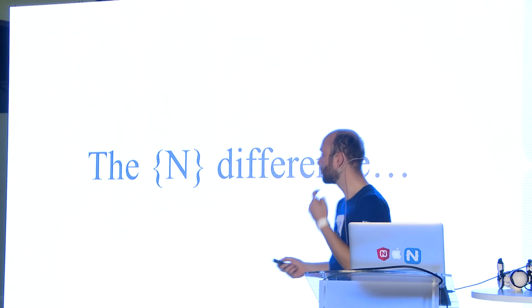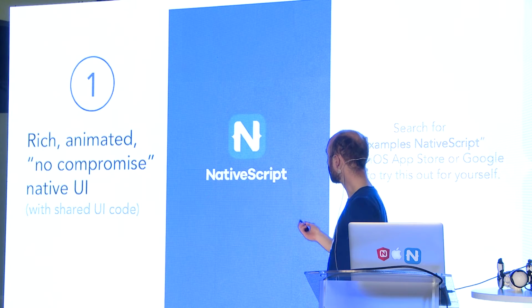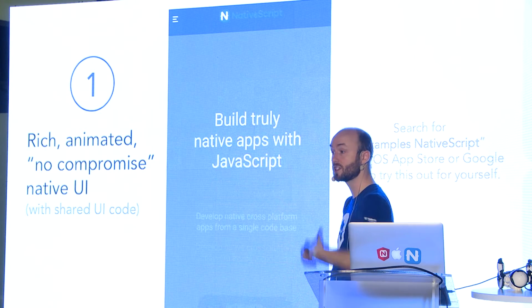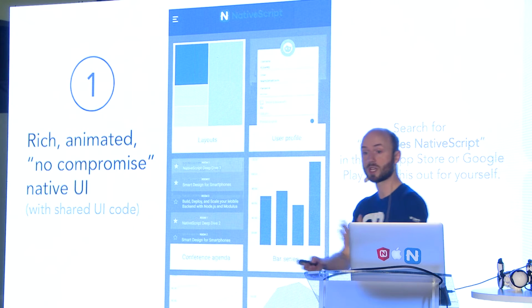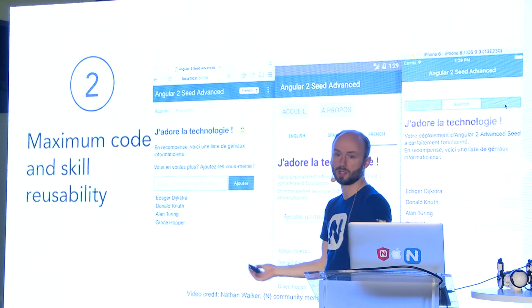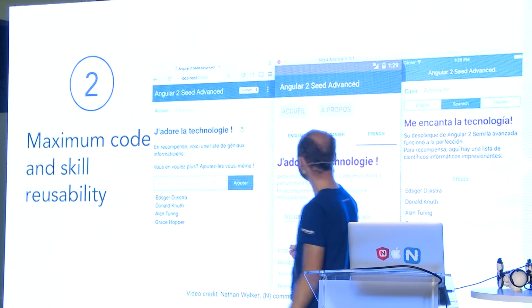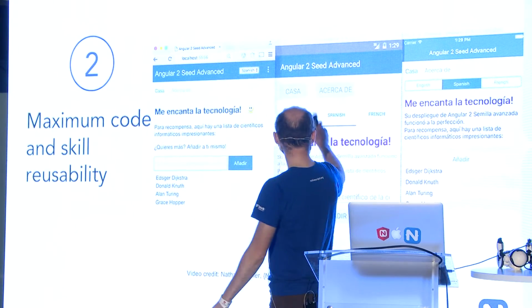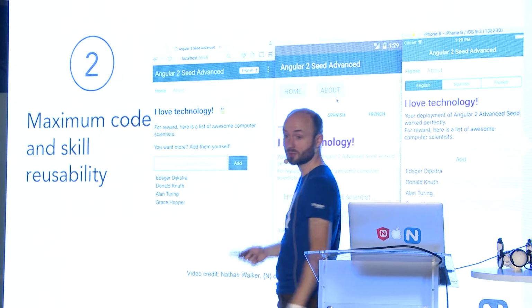So what does NativeScript really give you? Like I mentioned before, we give you native UI. So you get native performance, native user experience, native animations, everything that you would expect from a native application. You also get maximum code and skill reusability. What you can see here is, on the left, a web application written in Angular 2, and these are two mobile applications for iOS and Android.